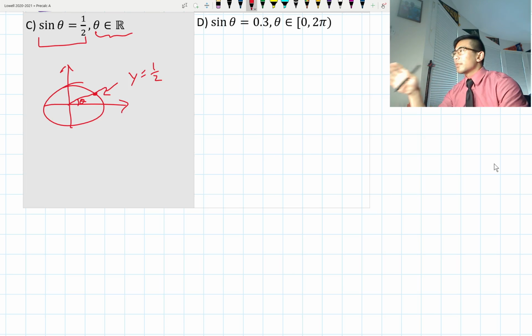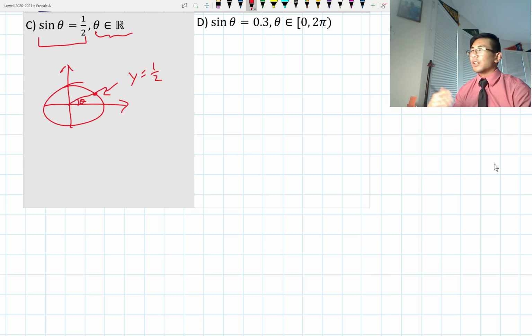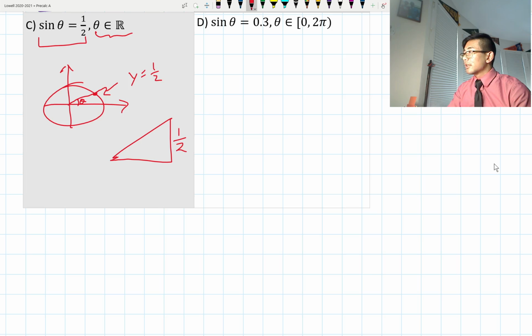Now, whenever we see something related to trig where the value is 1/2, we should immediately know at this point, and this just takes a lot of practice, what the rest of this triangle is going to look like. So I'm going to blow this up a little bit. Right here the sine value, or the y value, is 1/2. That's our angle. And on the unit circle, our hypotenuse is 1.